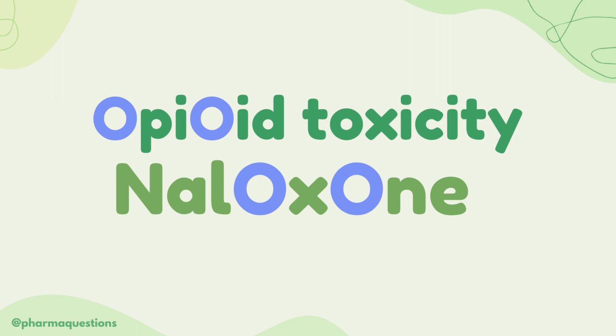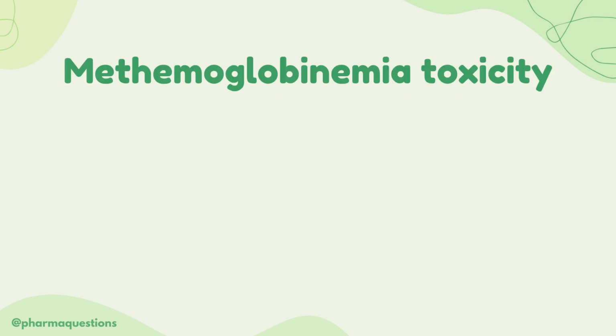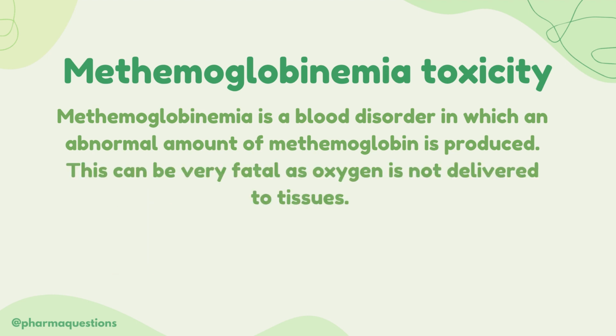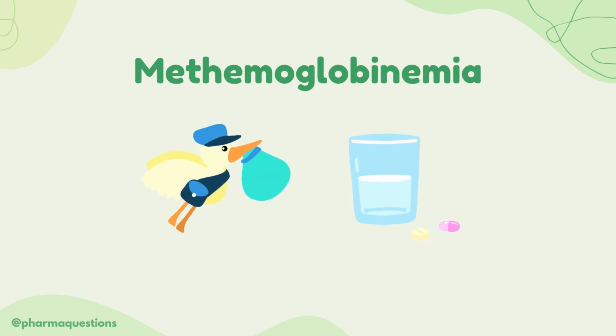Now let's take a look at methemoglobinemia. This is a blood disorder in which an abnormal amount of methemoglobin is produced, and this can be very fatal as oxygen is not delivered to tissues. Methemoglobinemia can be congenital, meaning you're born with it, or it can be caused by a number of different drugs including nitrate derivatives or anesthetics.